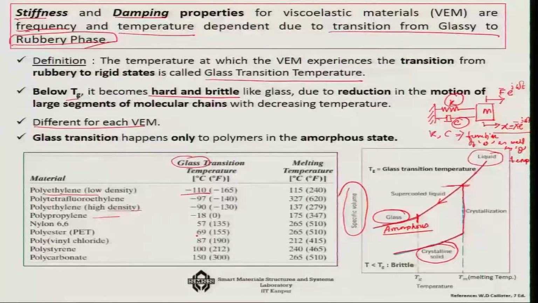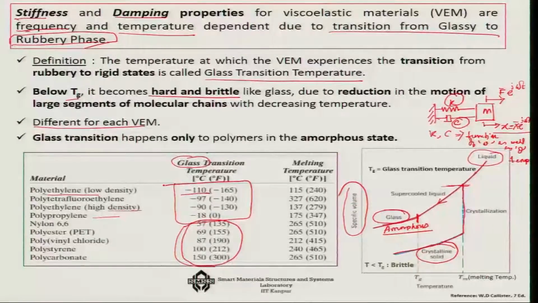Polyester also has a glass transition of 69 degrees, so at room temperature they are also in the glassy state. The same thing is true for PVC and all these materials. So, some materials at room temperature are actually in the glassy state, and some materials at room temperature are actually in the rubbery state.